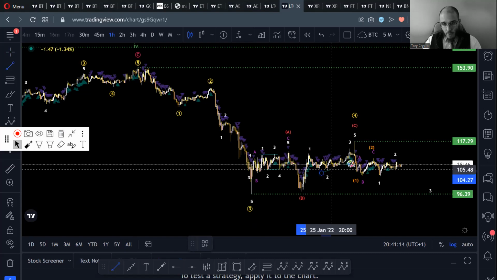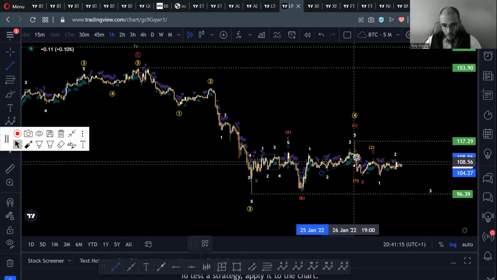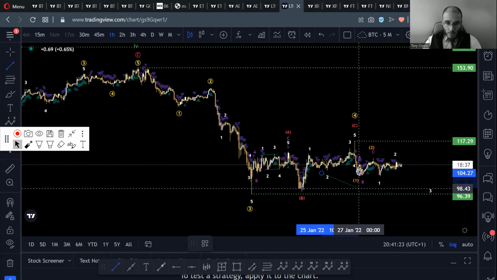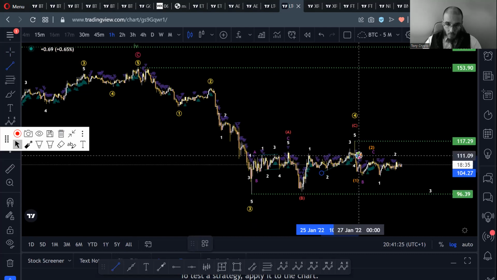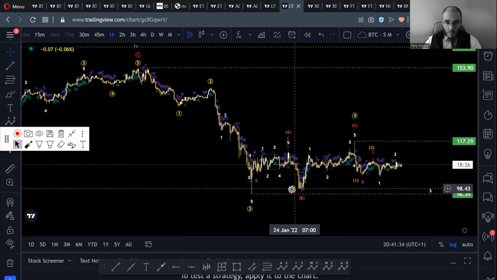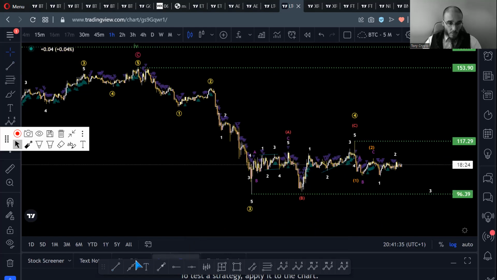That's the lower line. You take wave 2 and wave 4 for the lower line. Something like that.